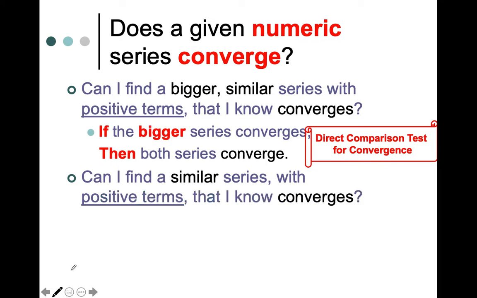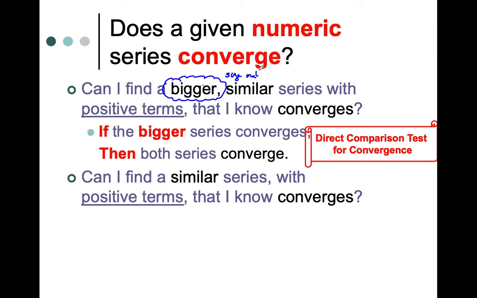And then the issue with the direct comparison test that I caught some of you on the quiz was, if you're showing convergence, the function you know has to be above it. If you're showing divergence, the function you know has to lie below the one you don't know. So position or size matters for the DCT.